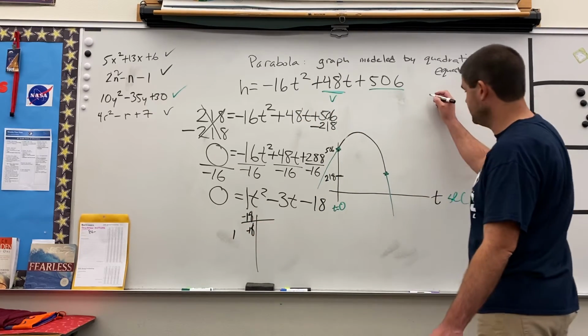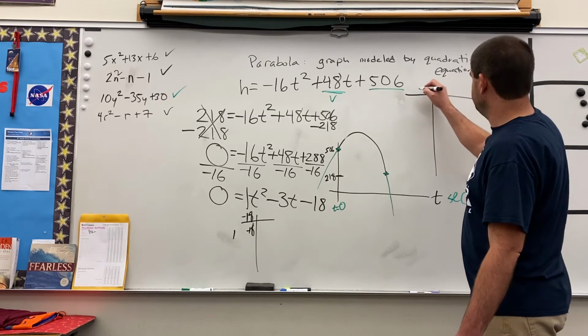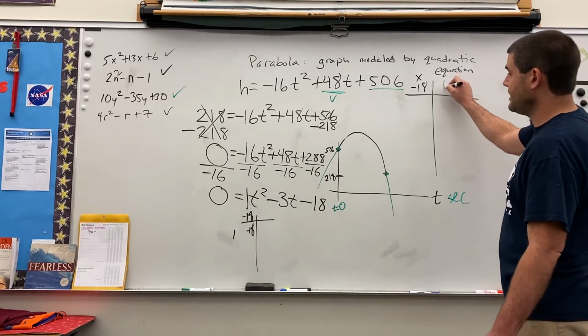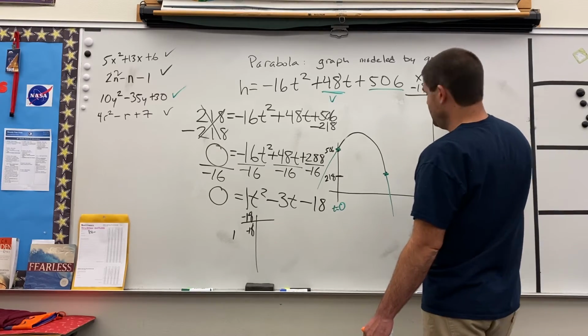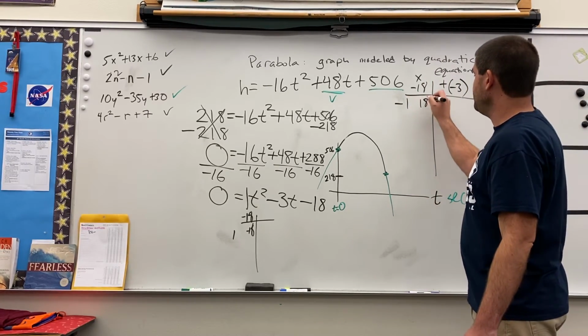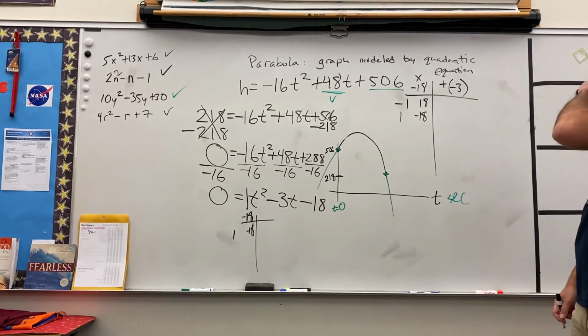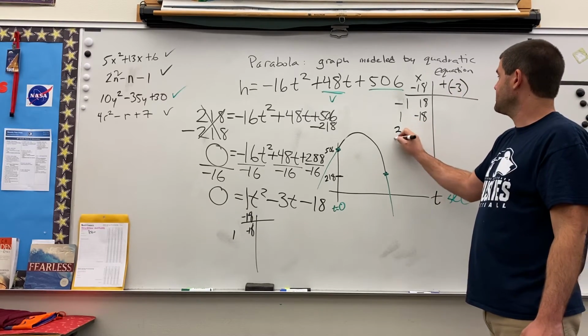Let's do it over here. So we have 1, negative 18, and we're multiplying to get to that, but we're adding to get to a negative 3. Okay, so negative 1 and 18, but we also can do 1 and negative 18. 3 and 6.